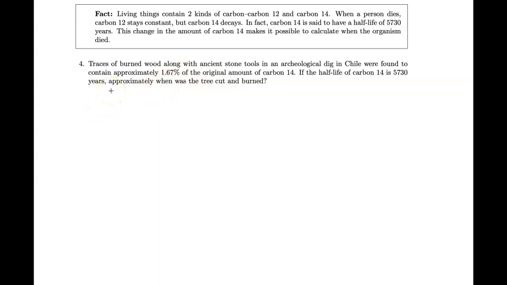So we know that the equation we'll use is A of t equals A0 times e to the kt. And what we know is, in 5,730 years, the original amount is half that amount. So this means we'll have 1/2 A0 equals A0 e to the k times 5,730.